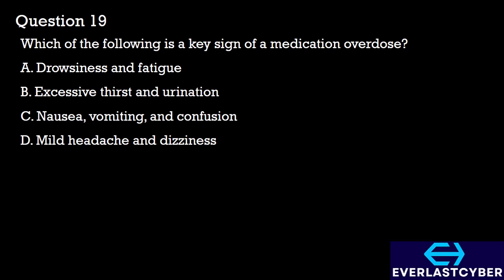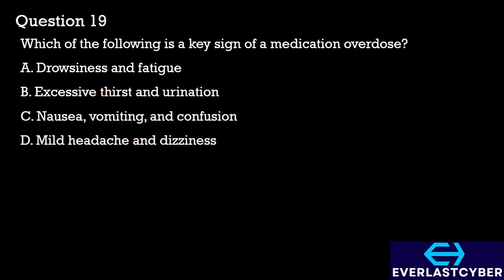While option A can be a side effect of some medication, it is not a specific indication of an overdose. Option B, excessive thirst and urination are symptoms that can occur with certain conditions like diabetes, but it is not a sign of a medication overdose.